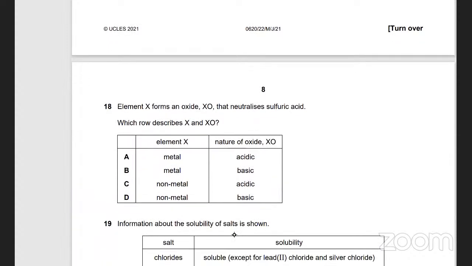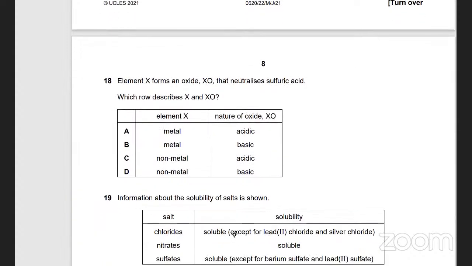So अगला, element X forms an oxide XO that neutralizes sulfuric acid. अच्छा, so there's an oxide और वो सल्फ्यूरिक एसिड के साथ रिएक्ट कर रहा है. Is it going to be a metal oxide or a non-metal oxide?